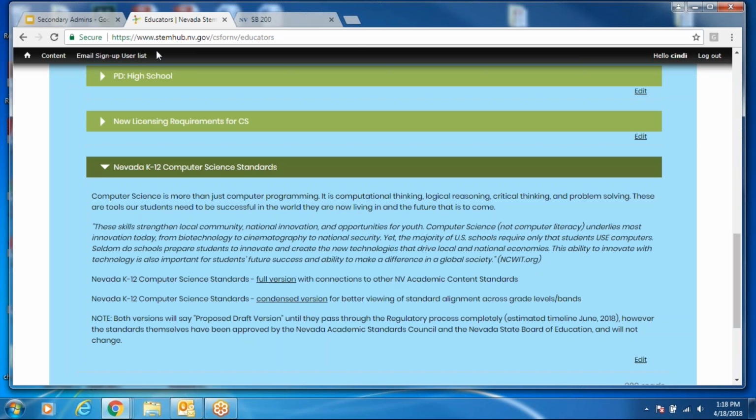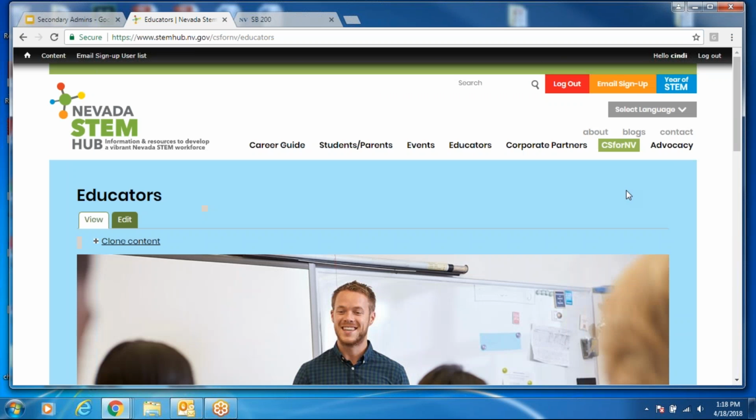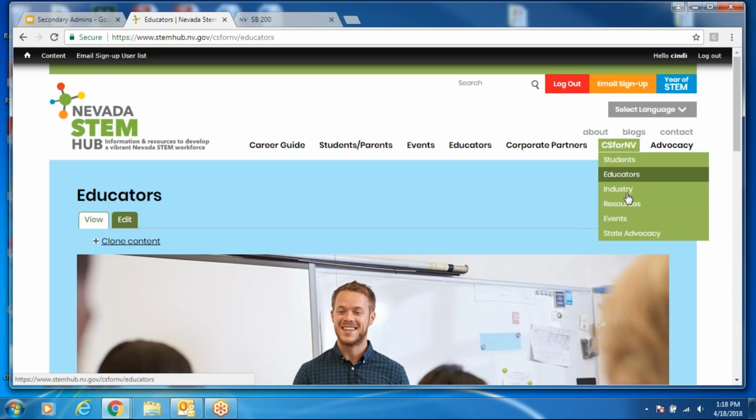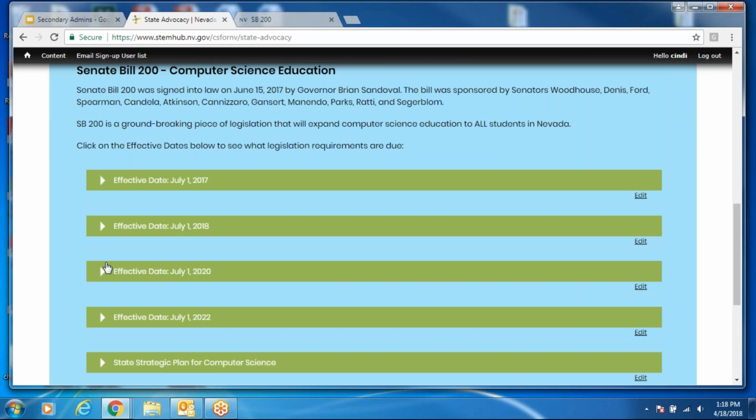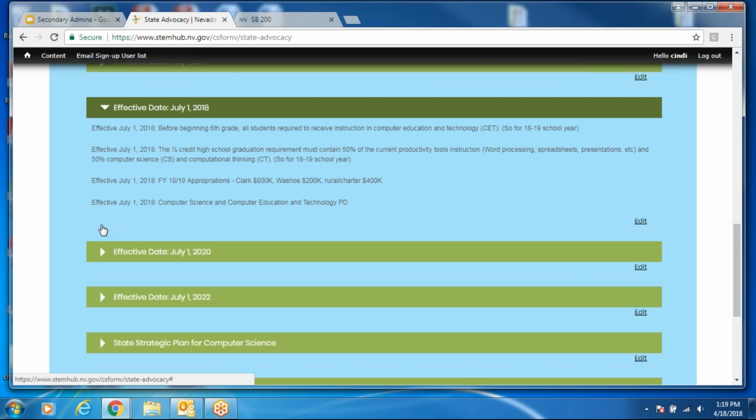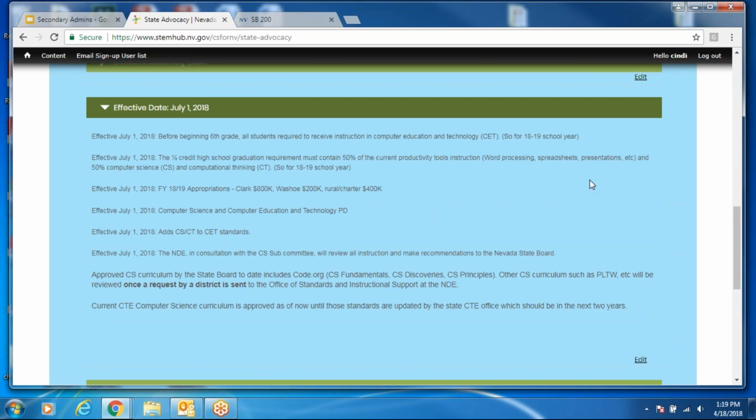While I'm on here, I'll give you a little overview of the other things coming up. What's coming up for this current year, July 1st, in the bill, really does affect secondary primarily. The first one here, before beginning 6th grade, this is for our elementary folks. All students are required to receive instruction in computer education and technology.